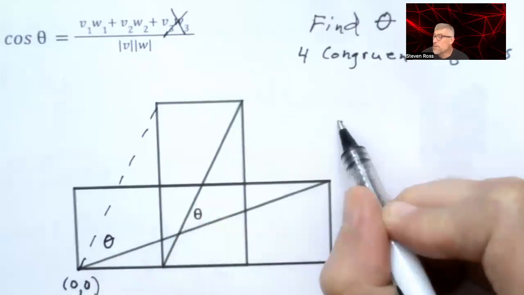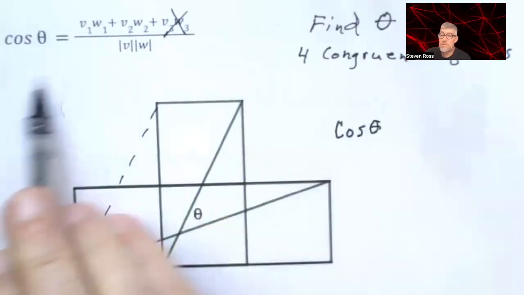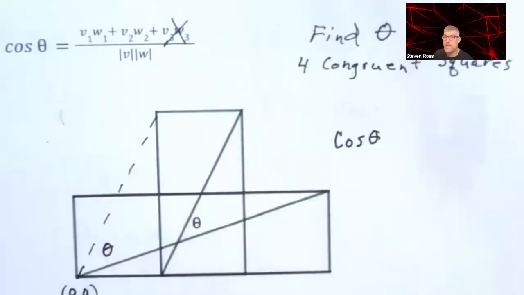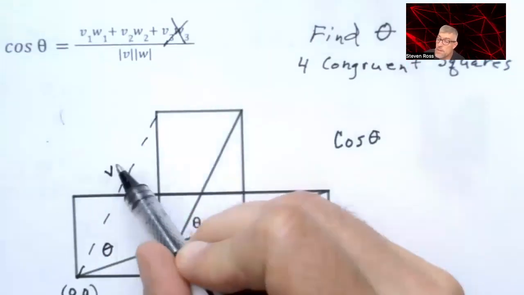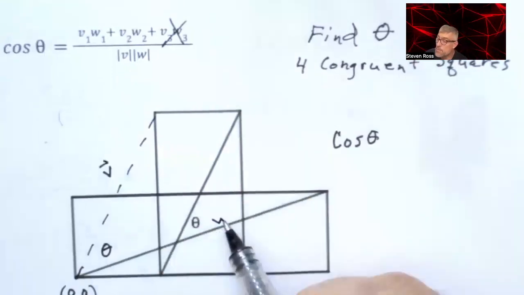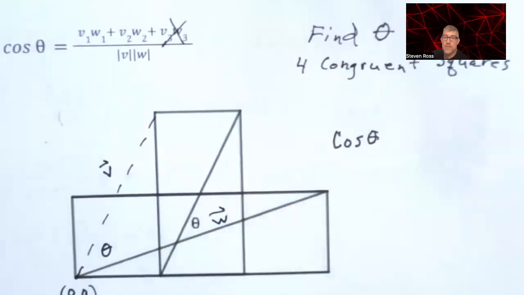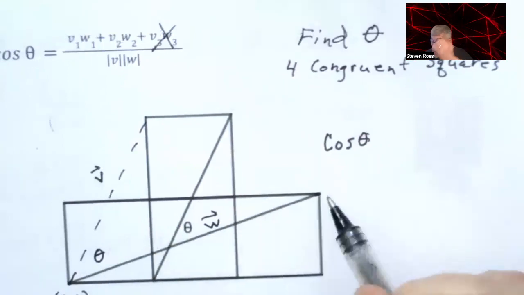And so we go to cosine of theta. I'm just going to use this formula. So I need to figure out the dot product, and I guess we could name them. I'll name this one vector v, and I'll name this one vector w. And so because it's standard position, all I need to know is where it terminates.